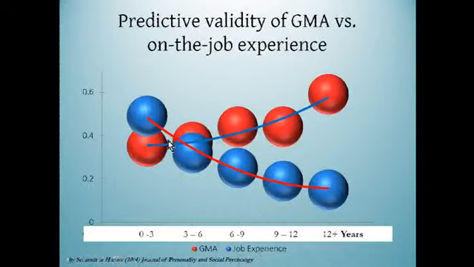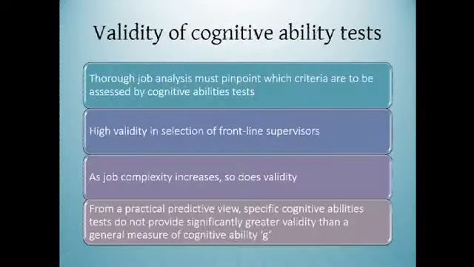Interestingly, job experience matters less and less for people who are on the job longer. So the payoff for hiring someone experienced really levels off and vanishes pretty quickly vis-a-vis hiring someone with general mental ability. A high level of that, I should clarify.